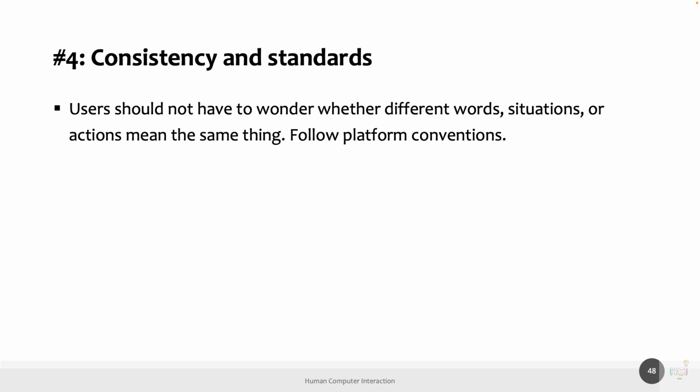Consistency and standards. Users should not have to wonder whether different words, situations, or actions mean the same thing. Follow platform conventions. So this is strictly related to the consistency principle that you have already seen before. Again, there is this example of using search on one page and find on another page. It's not consistent. You should use the same label if the functionality of the button is the same.